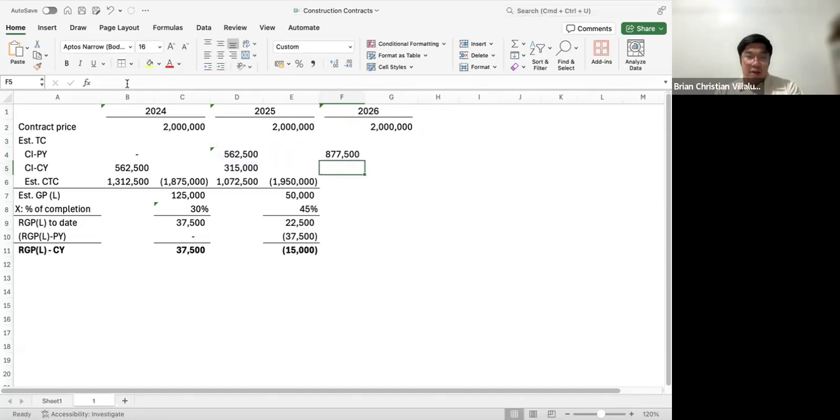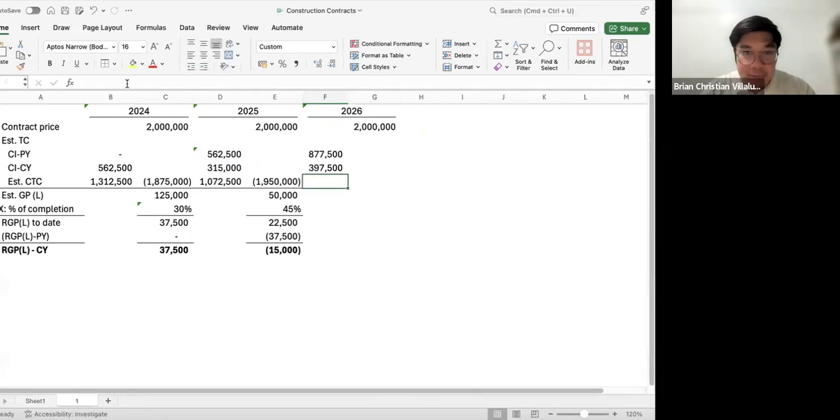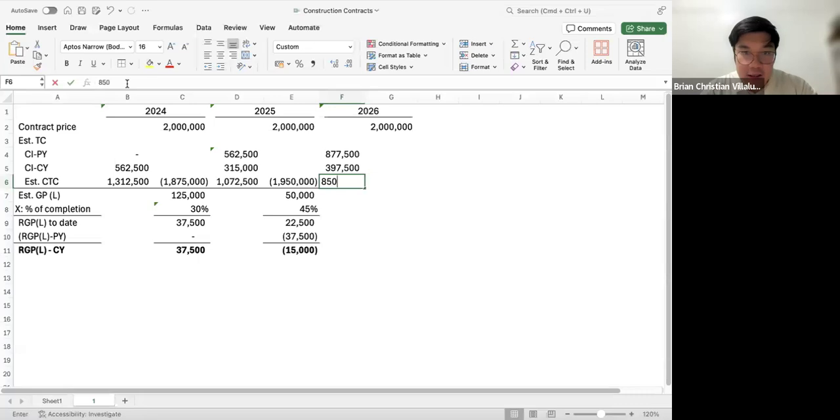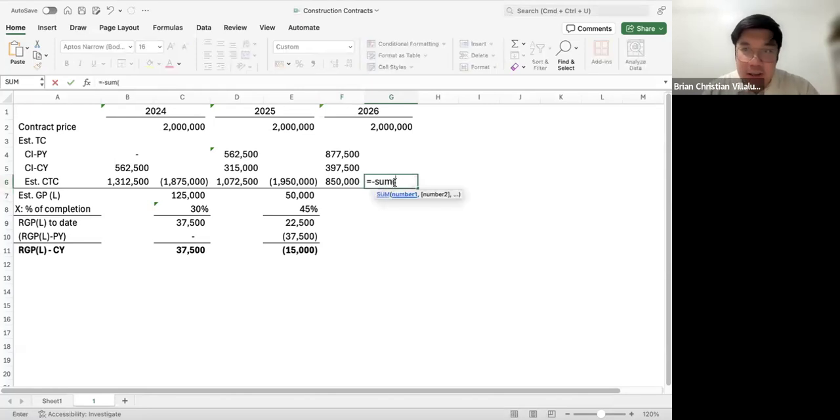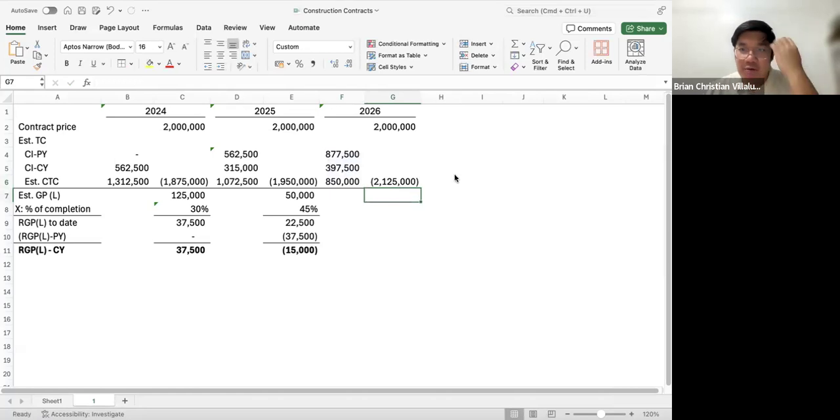Then, cost incurred CY 2026, that's 397,500. And estimated cost to complete, 850,000. Magkano estimated total cost natin? 2,125,000.